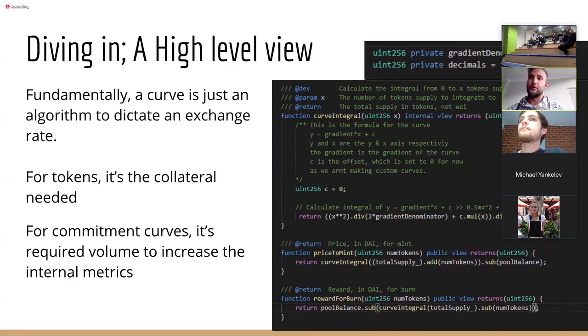The example we're using here is just a linear curve, so just a straight line. So we have the gradient set there, the curve integral that just works out the current volume of the curve, and then you have a price to mint and a reward for burn. The one is adding more volume to the curve, and the other is removing it.